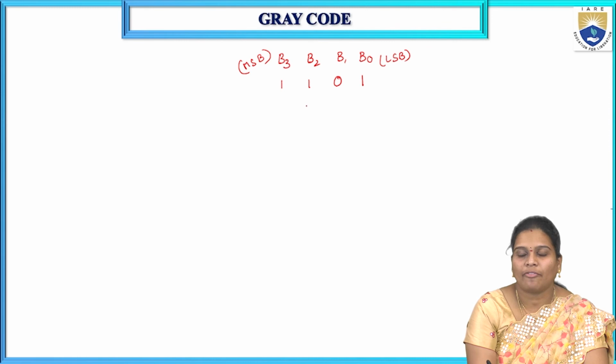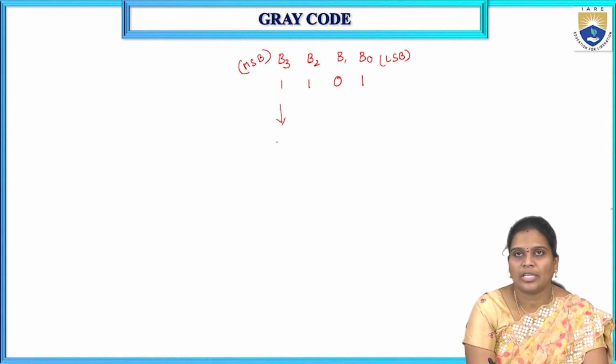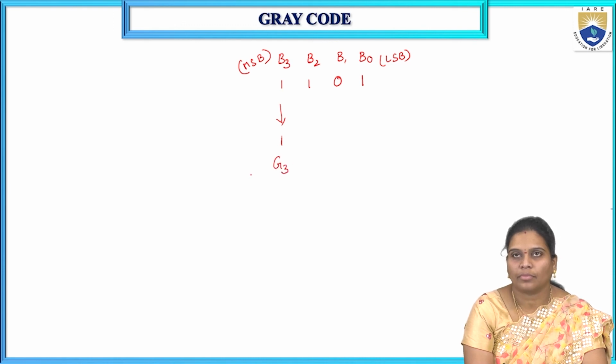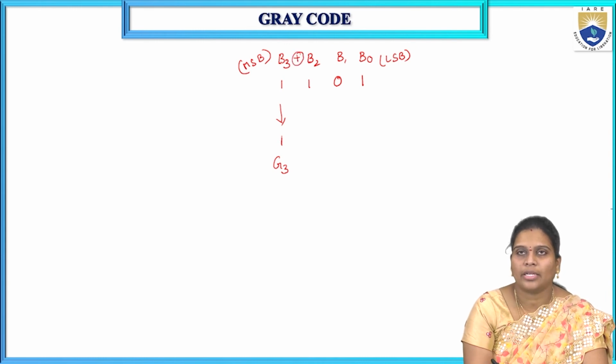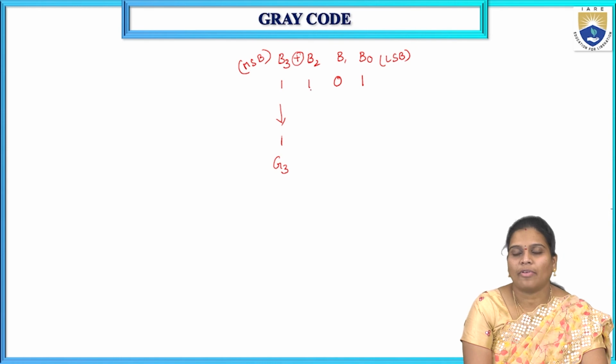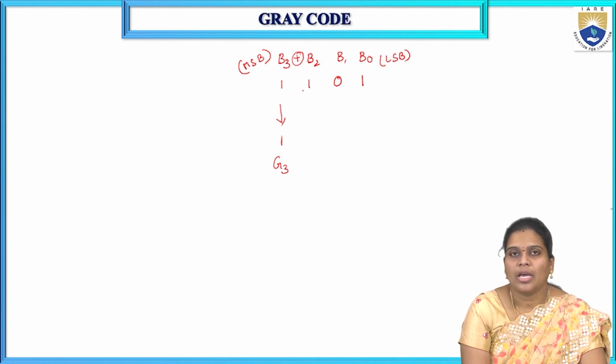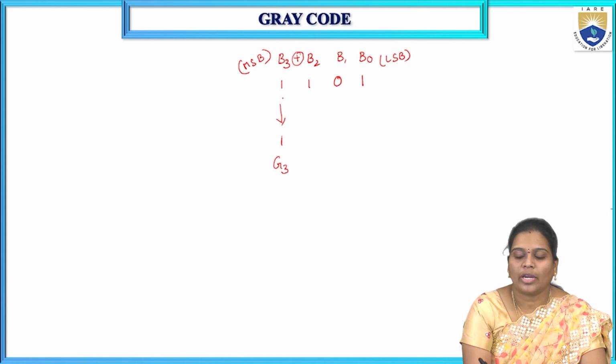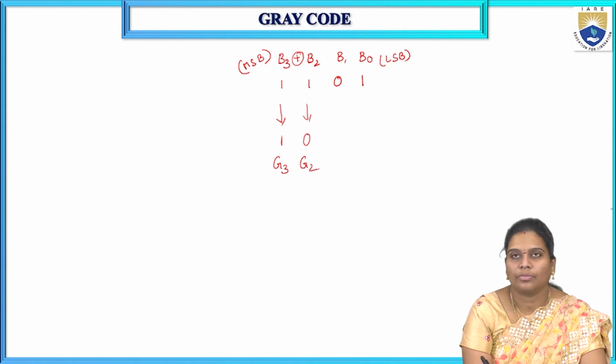For the conversion, whatever the MSB value is, the same value is written as G3, so B3 value 1 is G3. Next, apply the XOR gate to the adjacent bits, 1 XOR 1. In the XOR gate, when the inputs are the same, the output is 0. So that is G2.